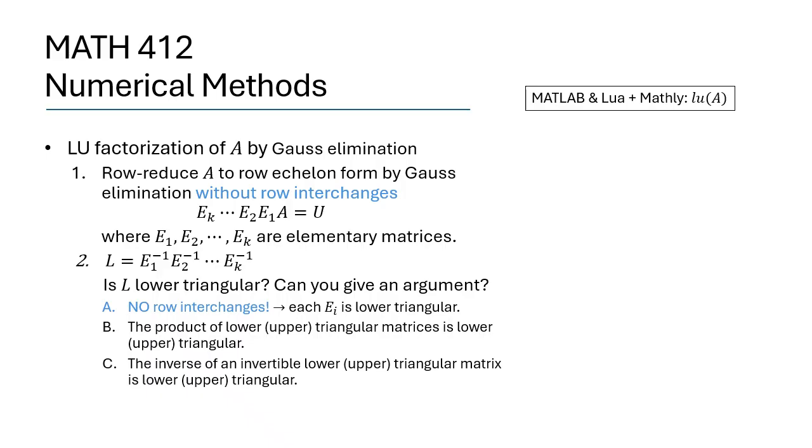But yes, we apply elementary matrix operations on A. We can change it, eventually by Gauss elimination we'll arrive at an upper triangular matrix, right? Okay, and now we assume there is a special assumption here. We assume there is no row interchanges.